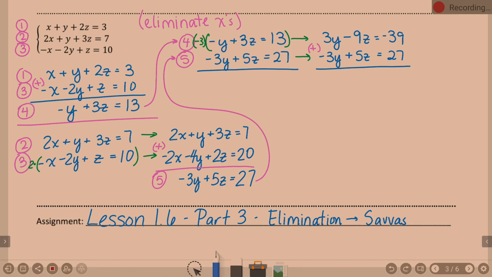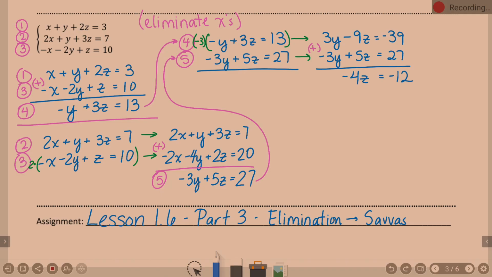3y plus negative 3y cancels. Negative 9z plus 5z is negative 4z. Negative 39 plus 27 is negative 12, I think.